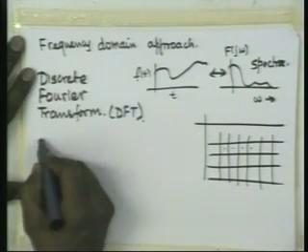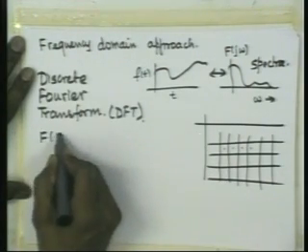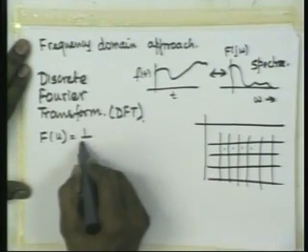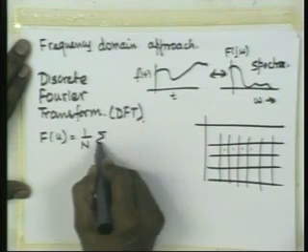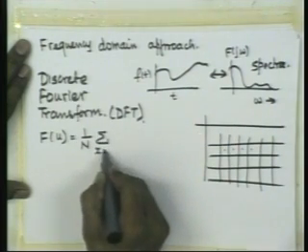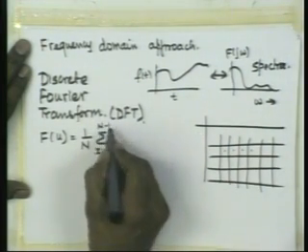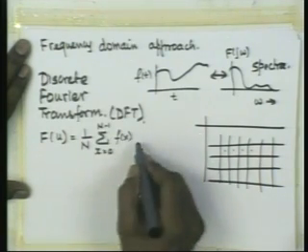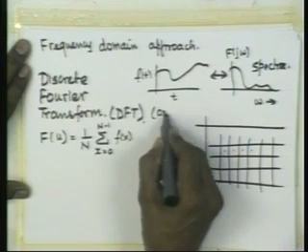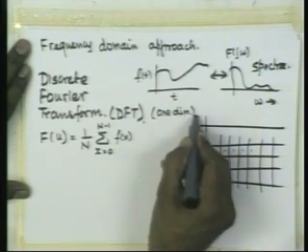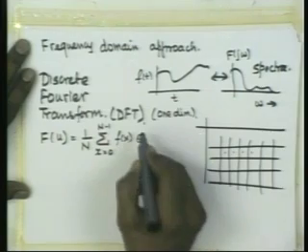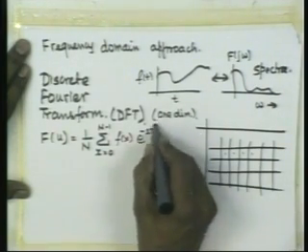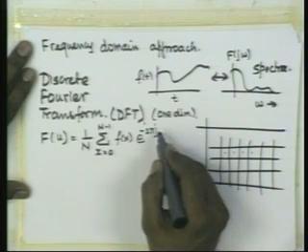Now DFT, so I can define a function of frequency u as F of u equals 1 over n times the summation of x going from 0 to n minus 1 of f of x. I am now defining a one dimensional transform, times the exponential of negative 2 pi j u x divided by n, where j is the square root of minus 1.